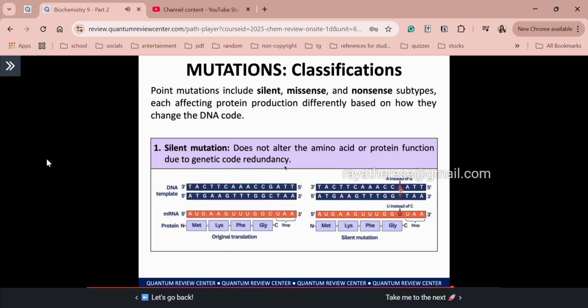But instead of C, as you can see here, it is replaced by uracil. And of course, because your GGC and GGU both code for your glycine, your mutation will lead to your silent point mutation.